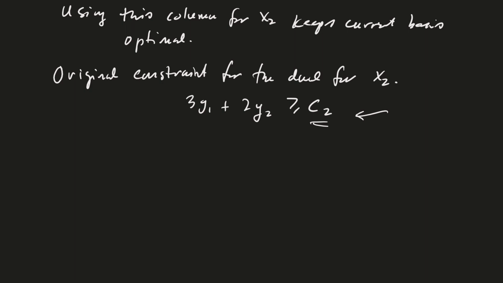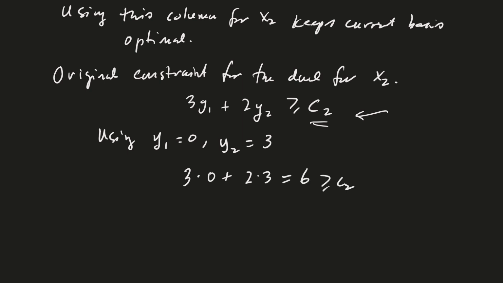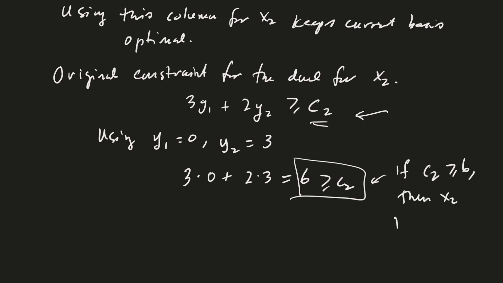So using y1 equals 0 and y2 equals 3, this constraint becomes 3 times 0 plus 2 times 3, which is 6. So what this means is that if c2 were equal to 6 or above, then x2 would come into the optimal basis.